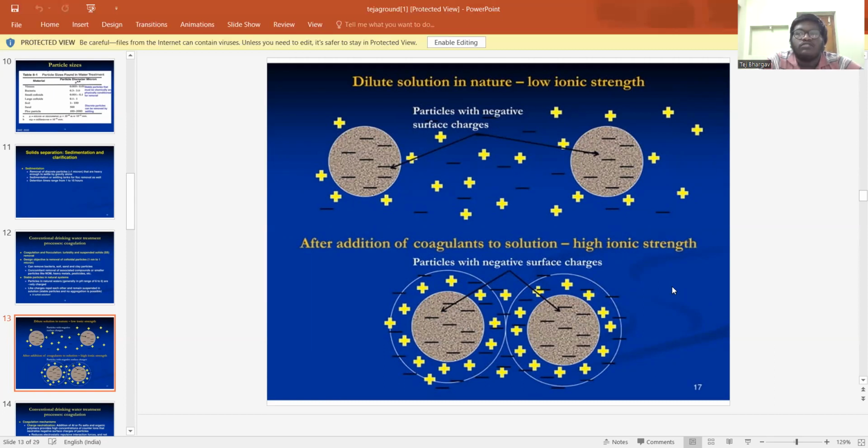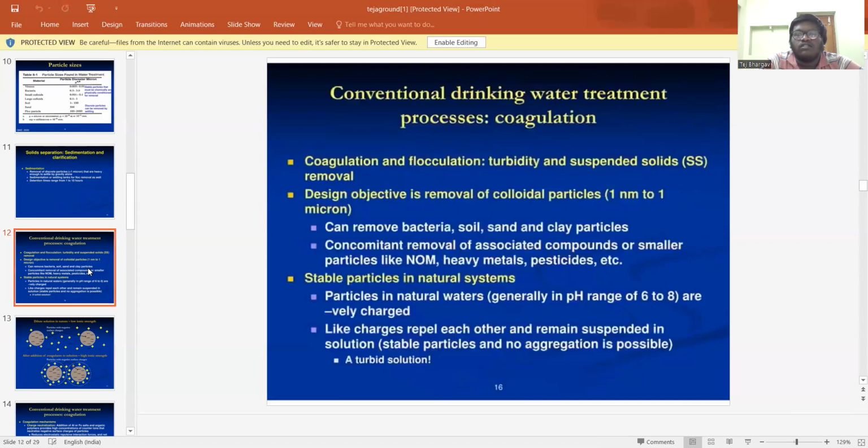Particles with negative surface charges will repel each other. We know that like charges repel each other, whereas positive and negative charges attract each other.